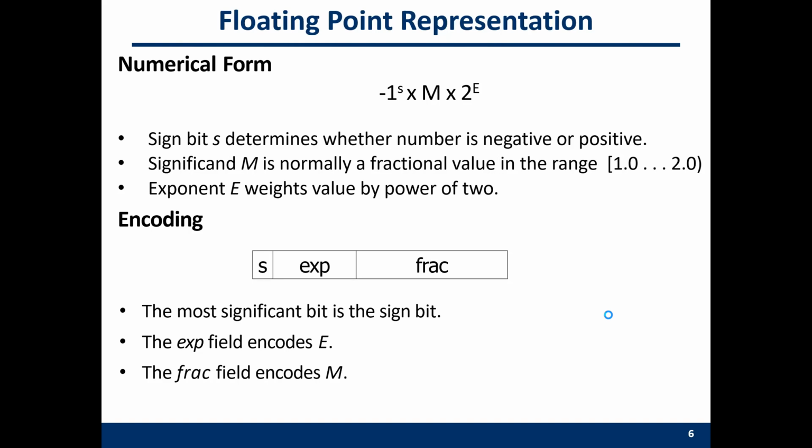The first component is the sign, the absolute sign. The 1 is a negative. That's the sign bit. The second part is this: M is a value from 1 or larger.